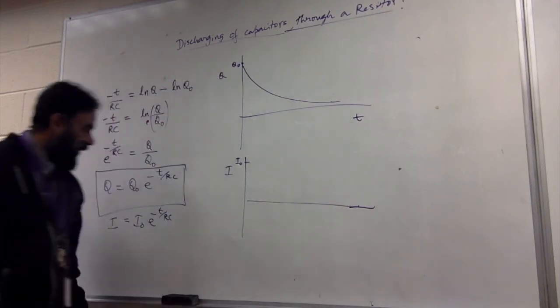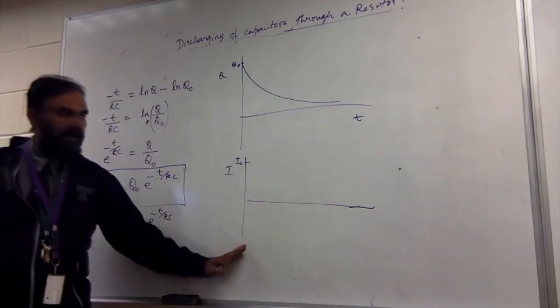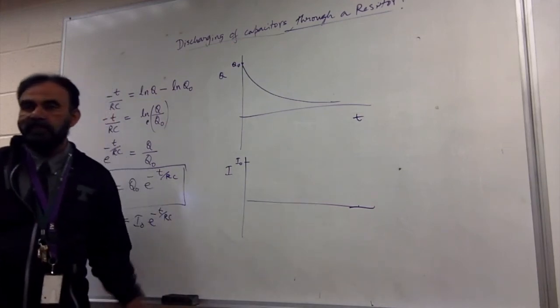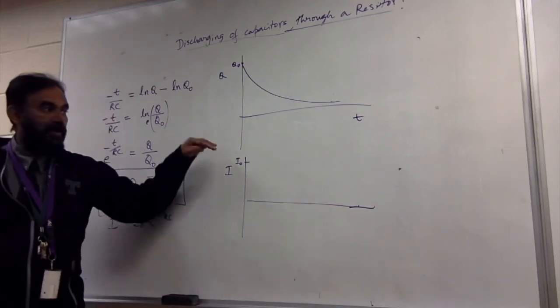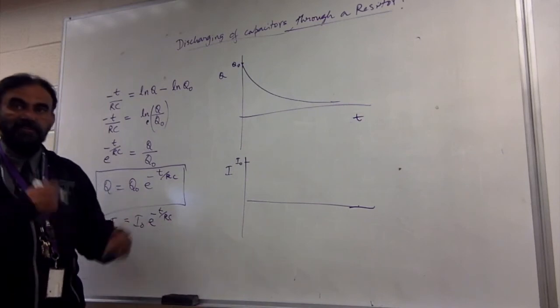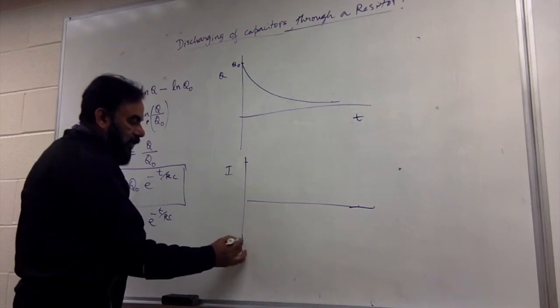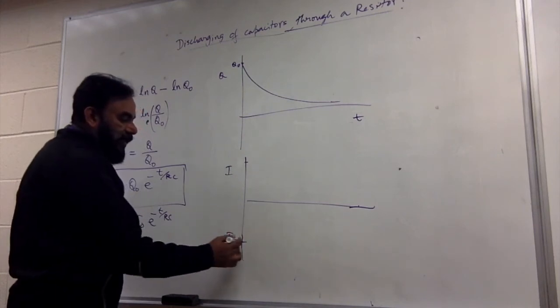In fact, that I naught is going to be a reverse current, so it will be minus current. When you're charging it, it's going to be positive current. When you're discharging it, the current starts in the reverse direction. So actually it's going to be I naught, and it goes like that.